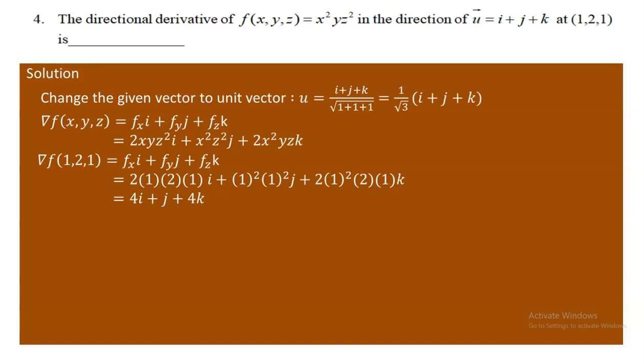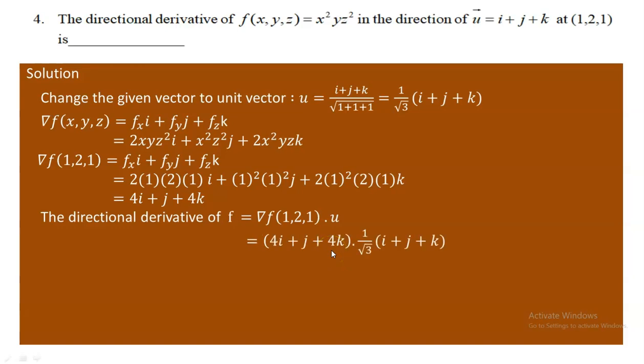The directional derivative of the function is the dot product of the gradient of the function at that particular point with the unit vector u. We already determined that the gradient of f is 4i + j + 4k, and the unit vector u is (1 over radical 3)(i + j + k), directly taken from this one.